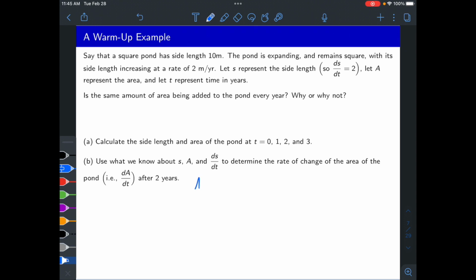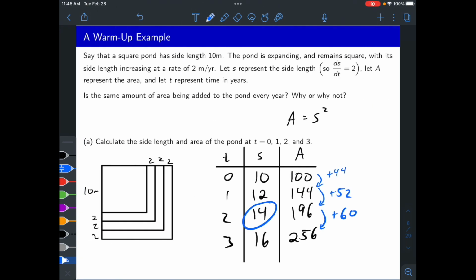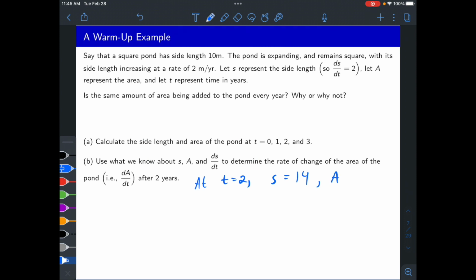So at t equals 2, we can say that s is equal to 14, just from the table, and the area is going to be 14 squared, which is 196 square meters. And we also know what ds/dt is, because that's fixed to be 2. That's just told to us in the problem.